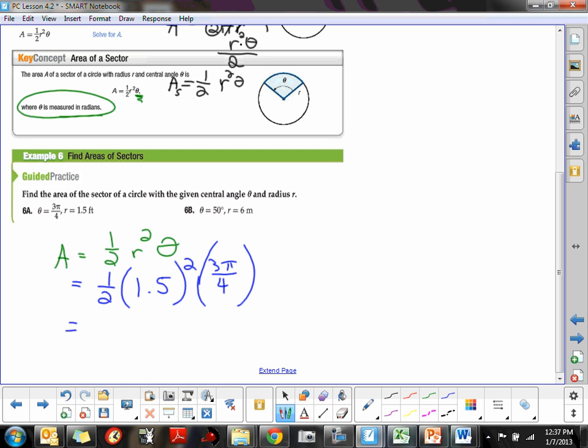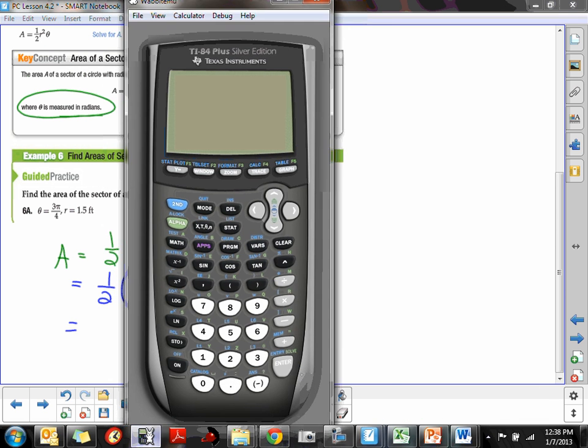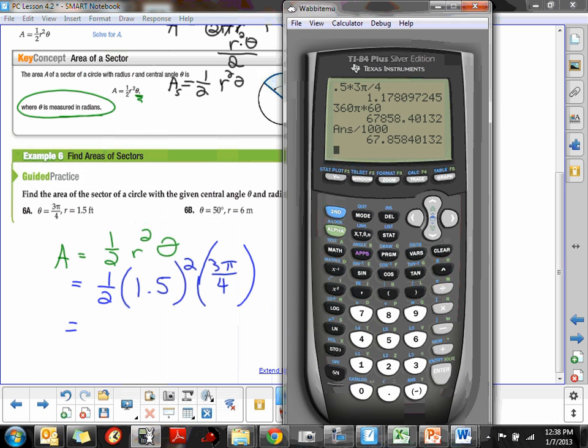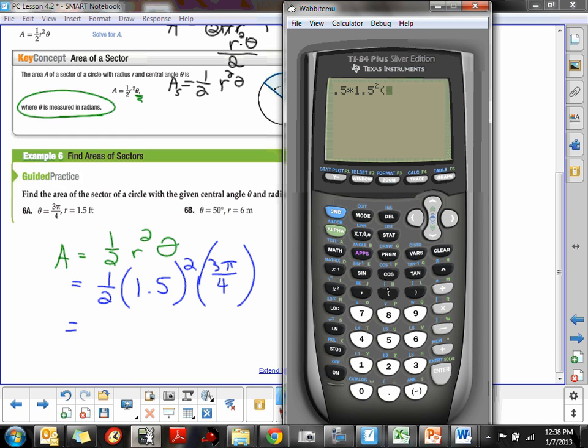So we just have our calculations left to do, and we'll grab our calculator to help. We have 1/2 times 1.5 squared. The order of operations will do the squaring first, and then multiply by 1/2. Then we take that times 3 pi fourths, and I'm putting it in parentheses, 3 pi divided by 4, so I can see it as a separate entity.